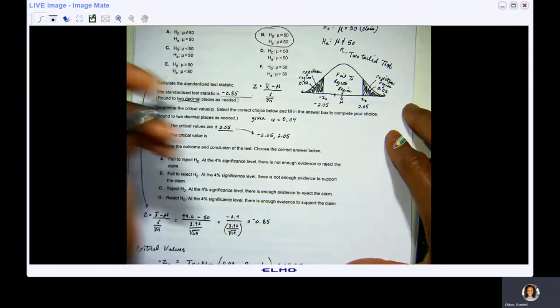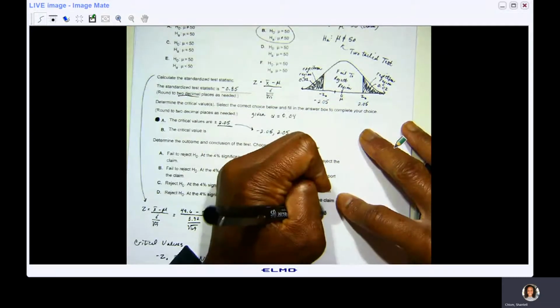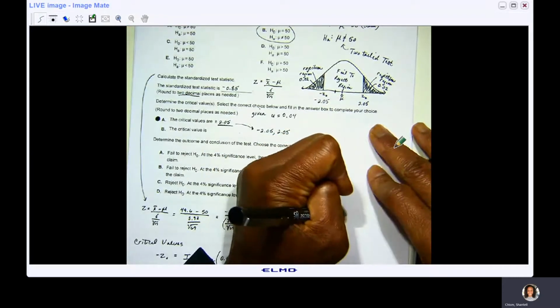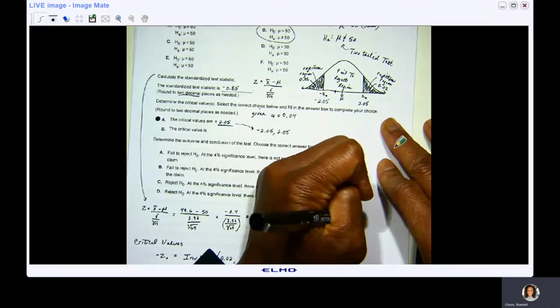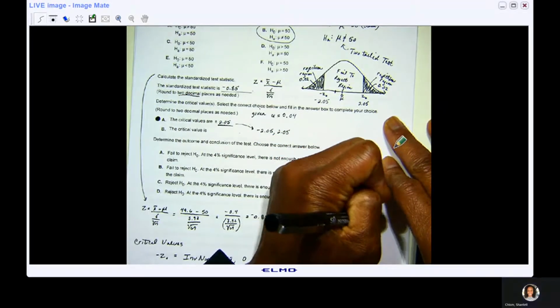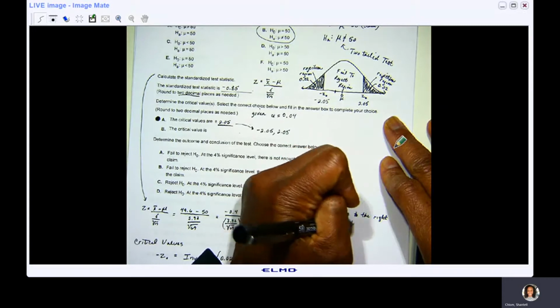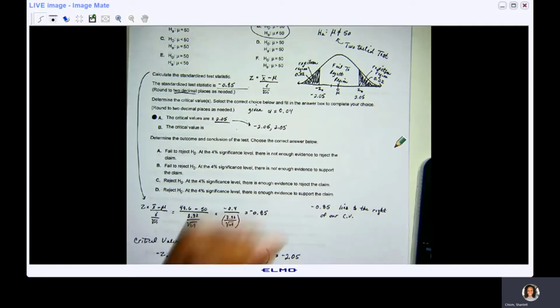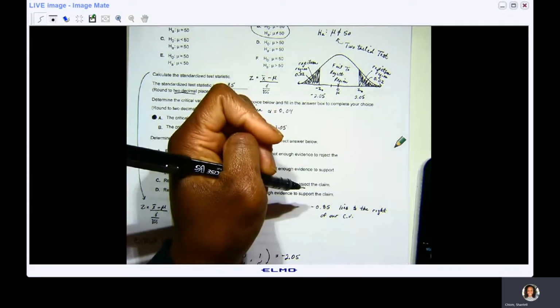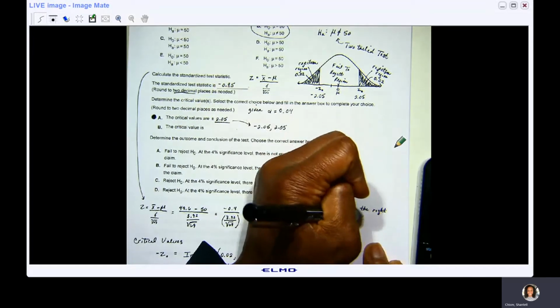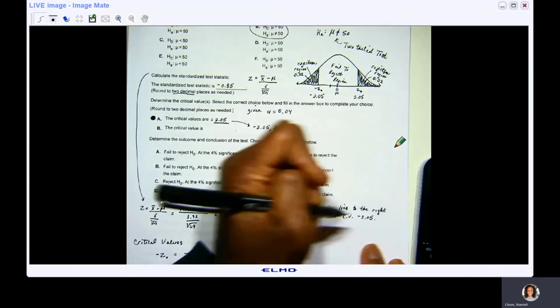Okay? So negative 0.85 lies to the right of our CV, which is just short for critical value, negative 2.05.